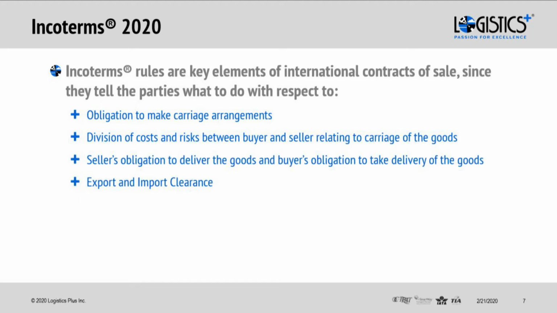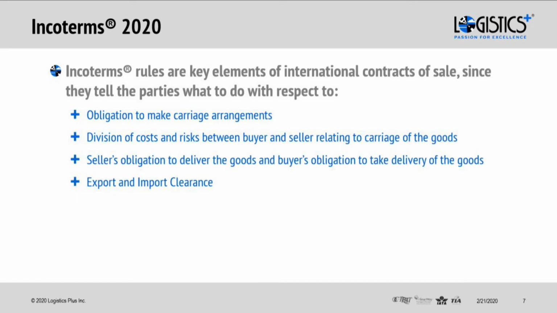We mentioned that the Incoterm rules tell the exporter and the buyer two things: who's responsible for paying for the freight costs, who's arranging for that freight between pre-carriage, main carriage, and on-carriage, and then who has the risks. So in other words, at some point, the seller has obligation to make carriage arrangements in certain Incoterm rules, and then from that point, the buyer has to make other carriage arrangements. And for the costs and risk between the buyer and the seller, at some point, some of the freight costs the seller pays for, and other freight costs, at a certain point, it becomes the buyer's responsibility to pay for the freight.